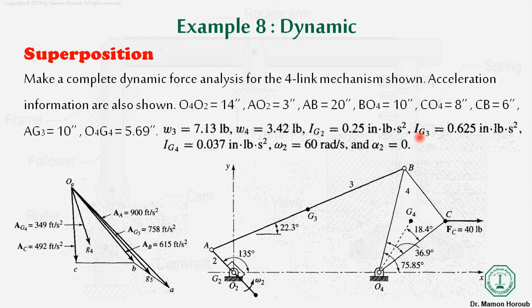Over here we have another problem. This problem is also related to dynamic force analysis using the graphical method, but over here we are using the superposition method. This is just to give you a flavor of the superposition method. Basically, in the superposition method, we are not solving the whole force analysis for a link at once.